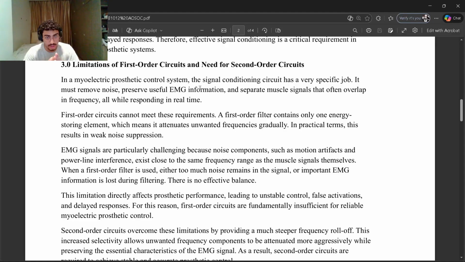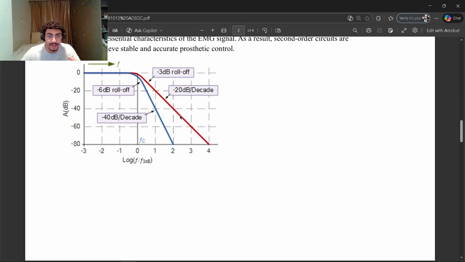The first order circuits cannot meet the requirements because their filter contains only one energy storing element, which means it attenuates unwanted frequencies gradually. As you can see here, the red line shows that we attenuate at a rate of only negative 20 dB, while the blue line, which represents the second order circuits, shows negative 40 dB, which allows us to attenuate low frequency bands much faster.